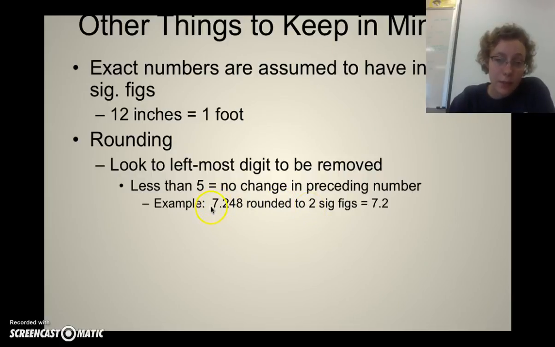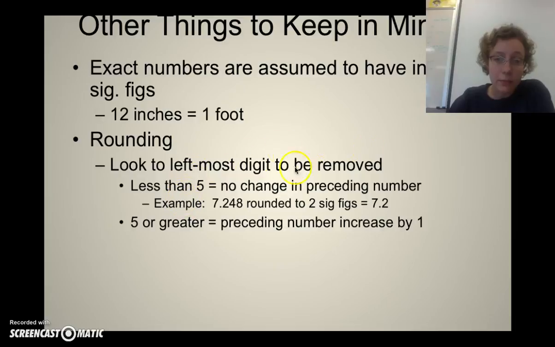We want to keep the 7, we want to keep the 2. So we're going to look at this 4, because that's the leftmost digit to be removed. It is less than 5, which means that we are going to keep it as is. So when we round this, we keep the 7.2, and we don't round this 2 to a 3, because that 4 is less than 5.